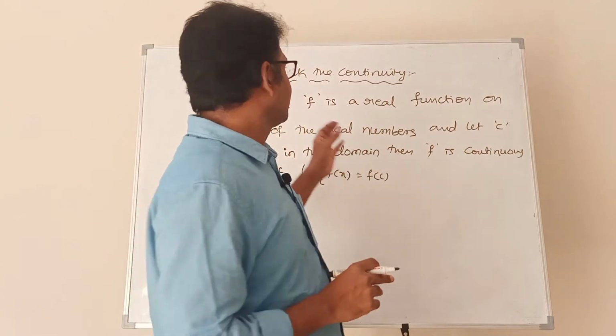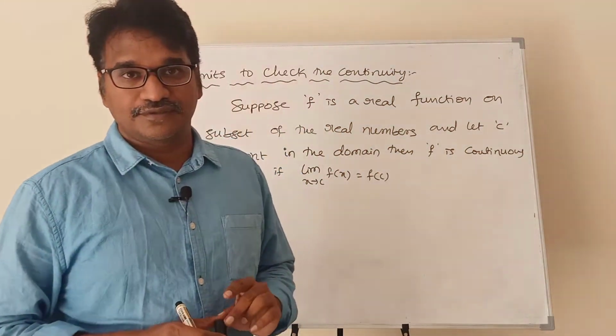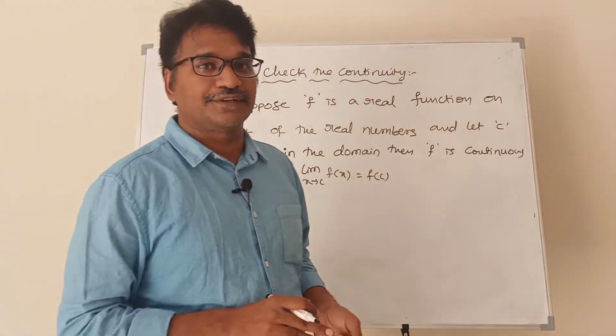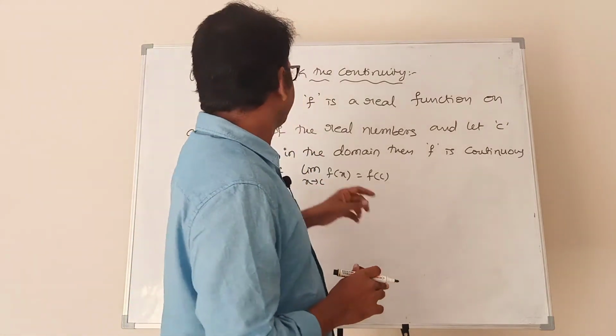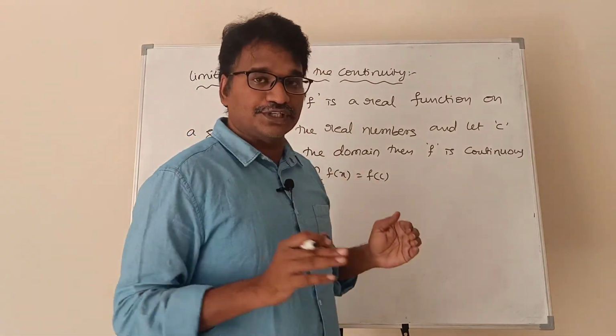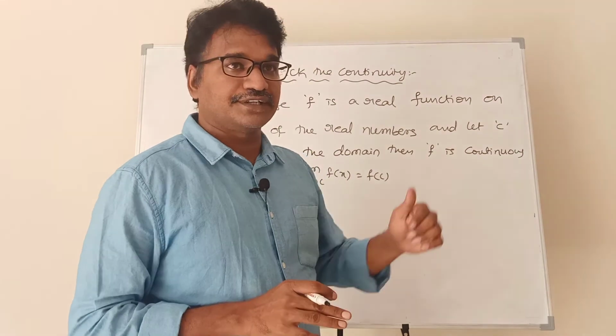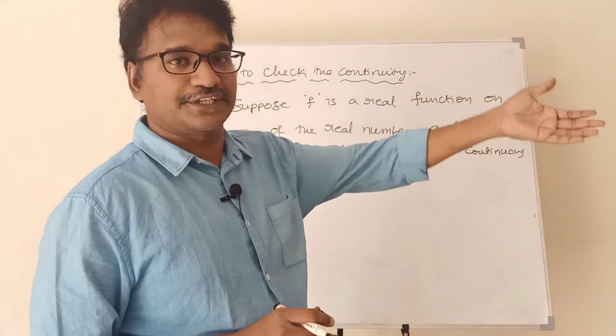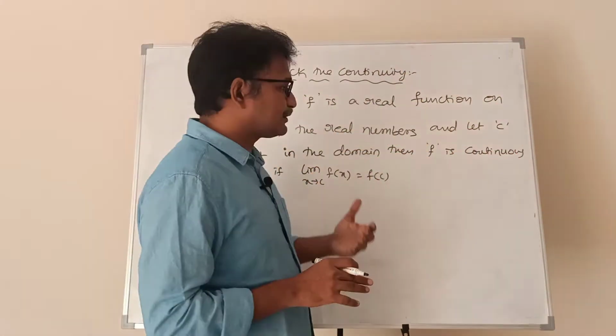So that's why limits are very useful to check continuity and differentiability of any function. We use limits to check whether a particular function is continuous at a particular point or not.